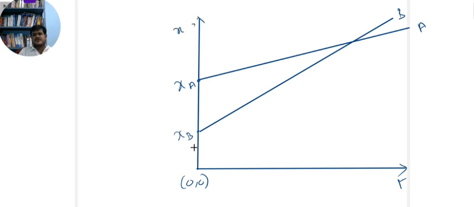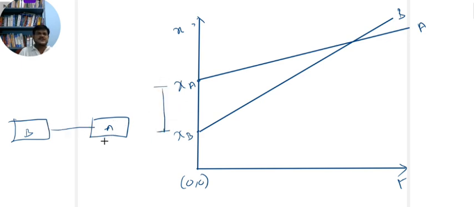This is the position at t equal to 0 of vehicles B and A, noted down. Actually, vehicle A is ahead of vehicle B. A is in front, B is at the back. The two vehicles keep this much distance initially.